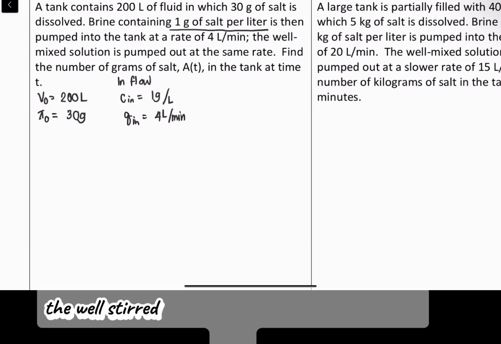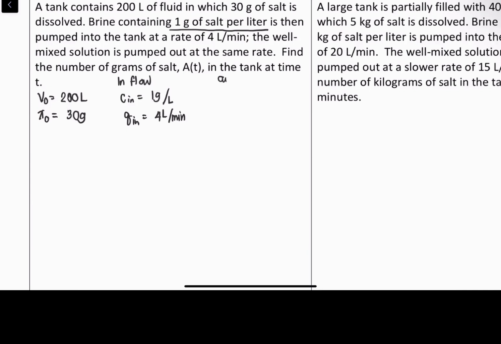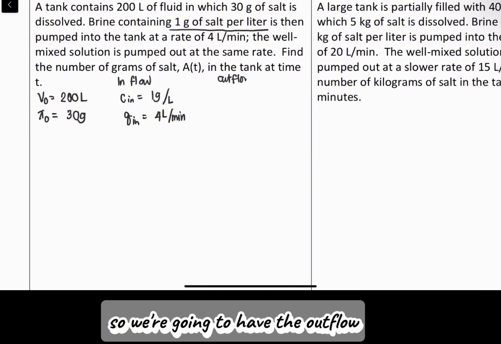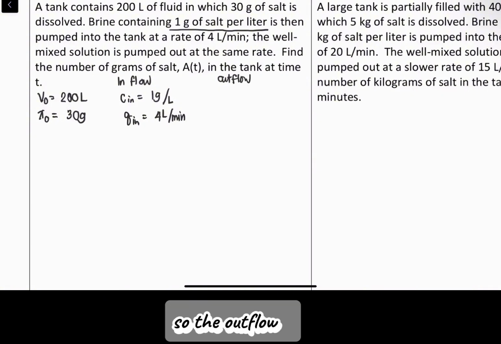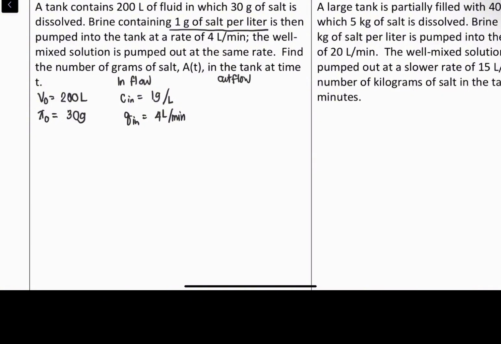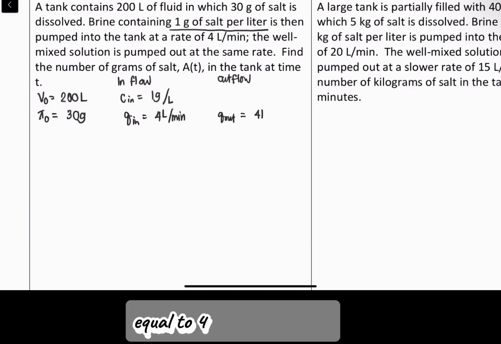The well-stirred mixture is pumped out at the same rate. So we're going to have the outflow. The outflow Q out is equal to 4 liters per minute.